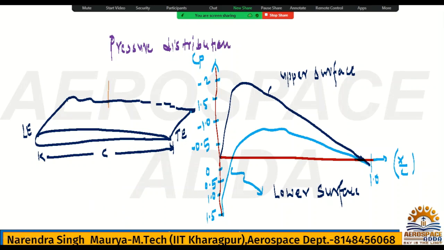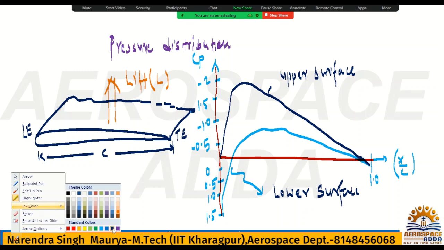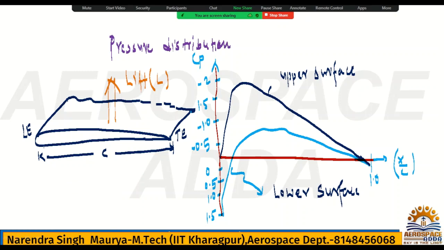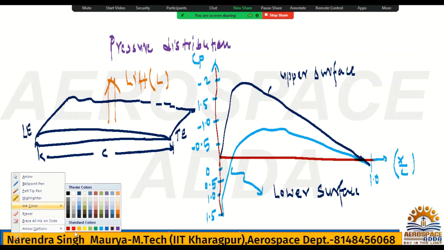If I say I'm getting lift force in the upward direction, how am I getting this? It means that the bottom side pressure will be very high. Bottom side, bottom surface, you will have a high pressure.